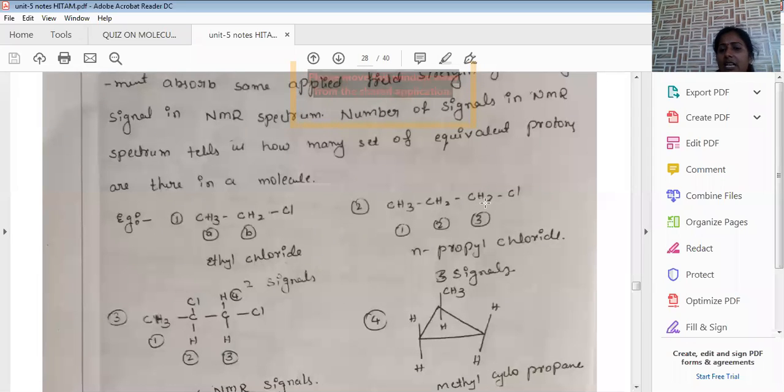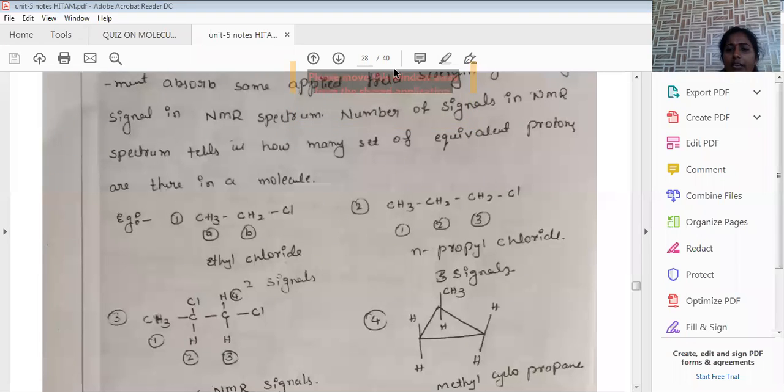This CH2 is surrounded on one side by the chloro group and on the other side by a CH2 group. The environment is different. And the other CH2 is surrounded on one side by CH2 and on the other side by CH3. So both CH2 groups are not exactly equal. Hence, we will get 3 sets of protons in this molecule, and it will give 3 signals in the NMR spectrum.